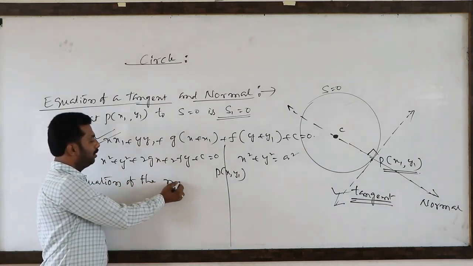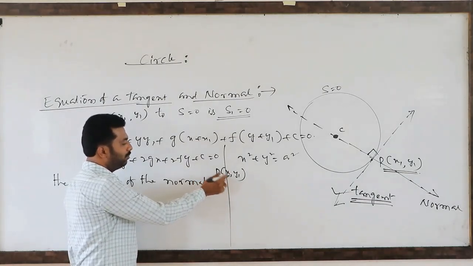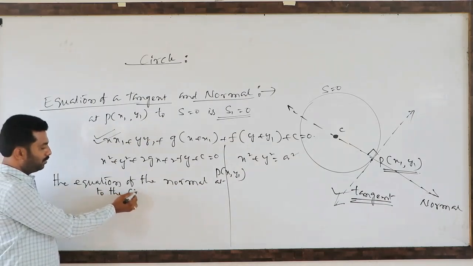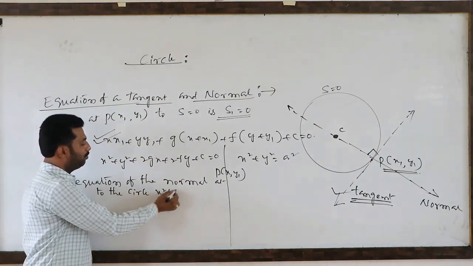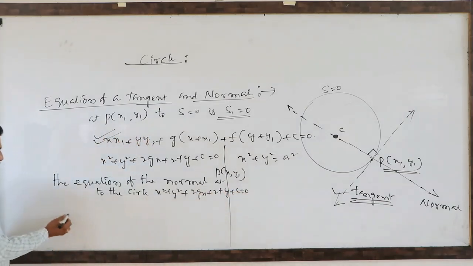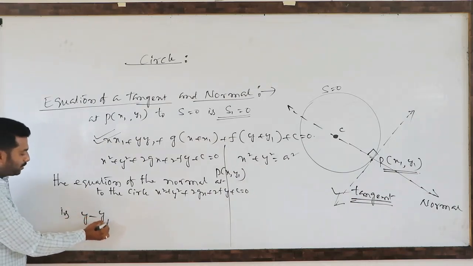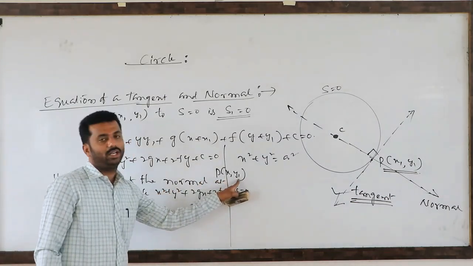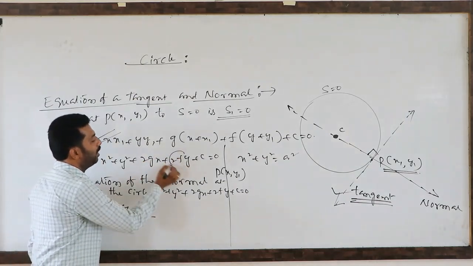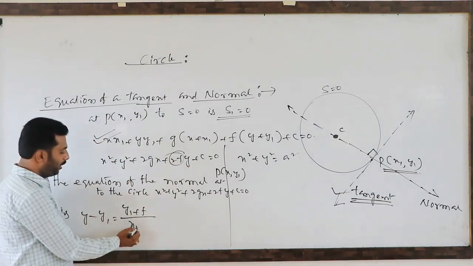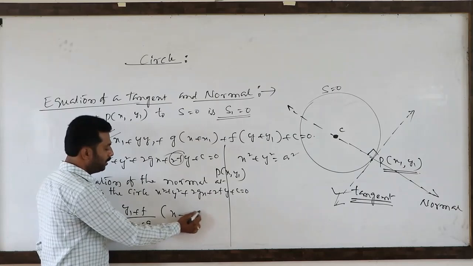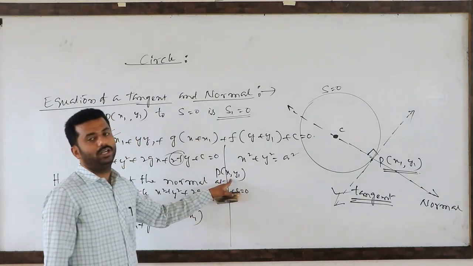The equation of the normal at P of x1 comma y1 to the circle x square plus y square plus 2gx plus 2fy plus c equal to 0: you remember this one. y minus y1, where y1 means the y coordinate of the given point, equal to y1 plus f, where f means half of the y coefficient, divided by x1 plus g, where g means half of the x coefficient, into x minus x1, where x1 is this point's first coordinate, the x coordinate.